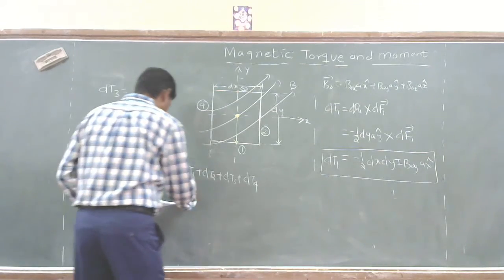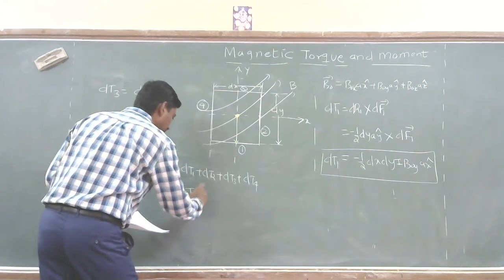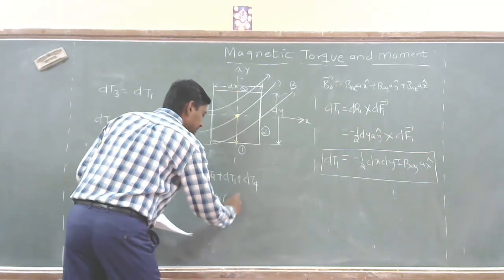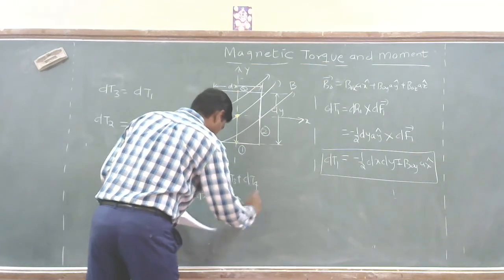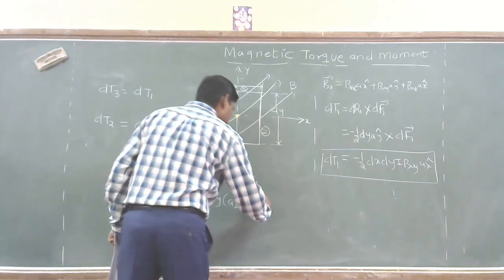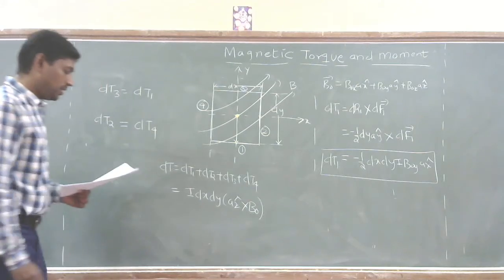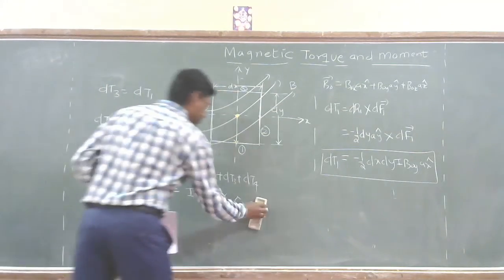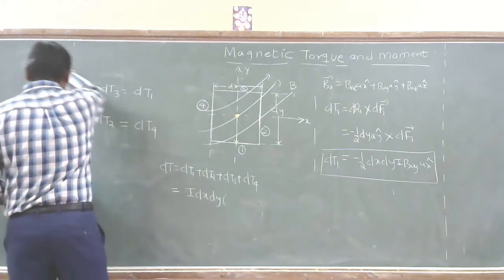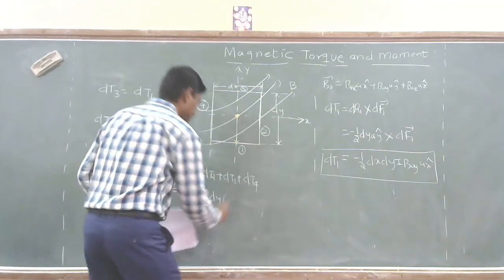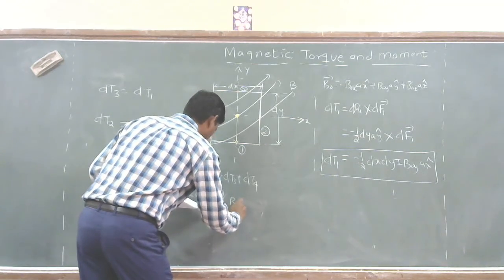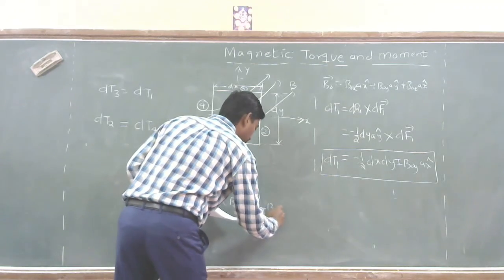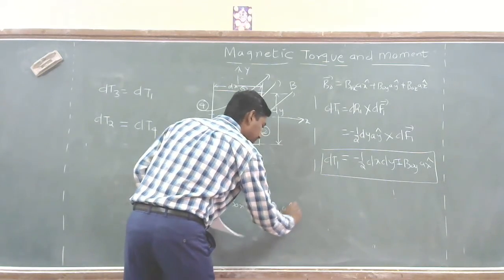So dt will turn up to I dx dy, sorry, the actual result will be I dx dy times B naught x ay hat minus B naught y ax hat.